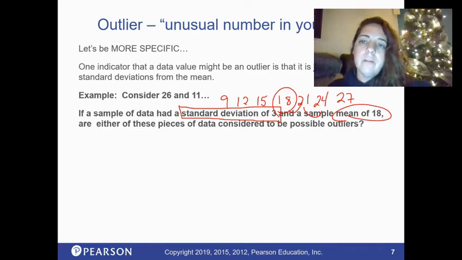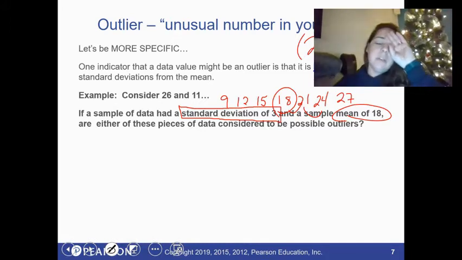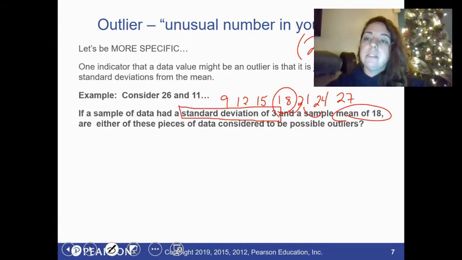So if we're talking about anything outside of 2.5 standard deviations, we could just multiply 2.5 times 3. Okay, so 2.5 times 3. Let's see. 2 times 3 is 6 plus another half. So it'd be 7.5.